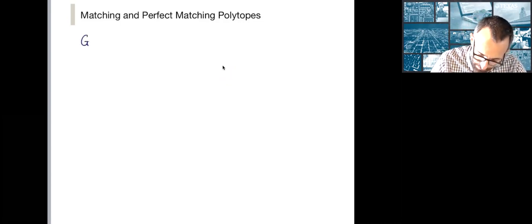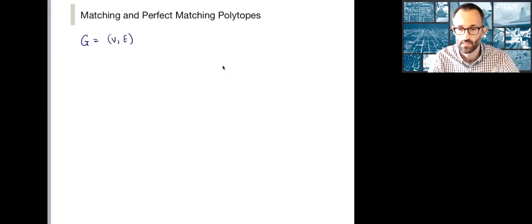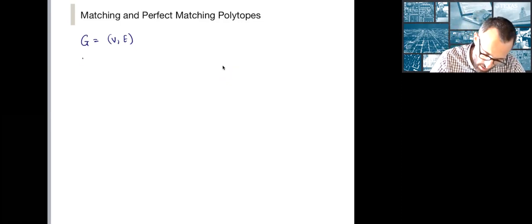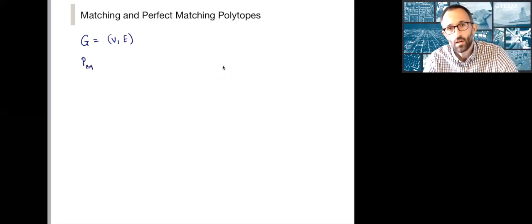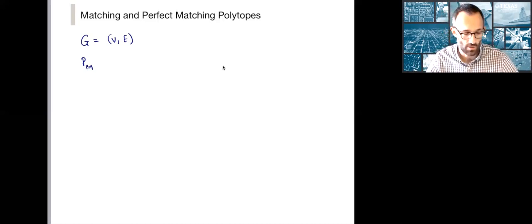We've got a graph, G equals (V, E), as always, not necessarily bipartite. The two polytopes that we care about, we can easily specify, as with any combinatorial problem, as a convex hull of the incidence vectors of their solution, or the indicator vectors of their solution.